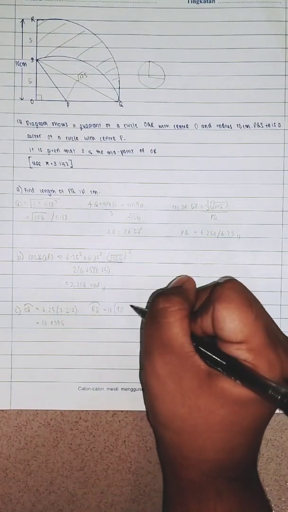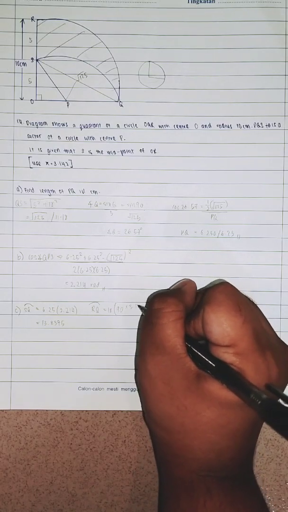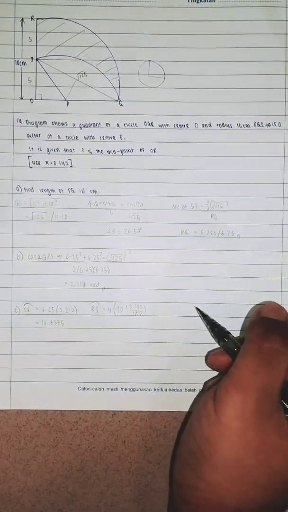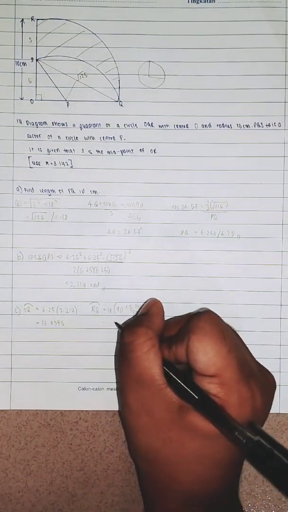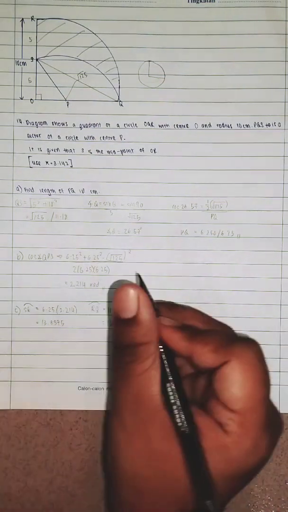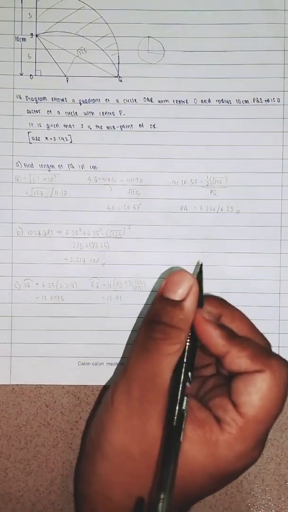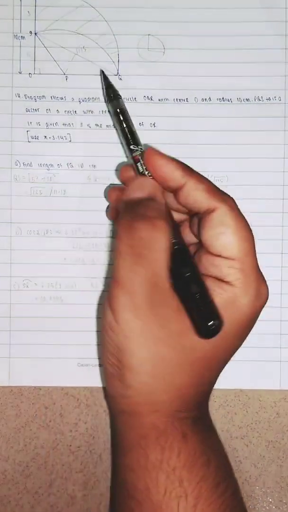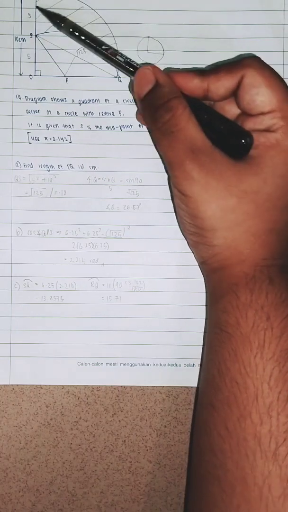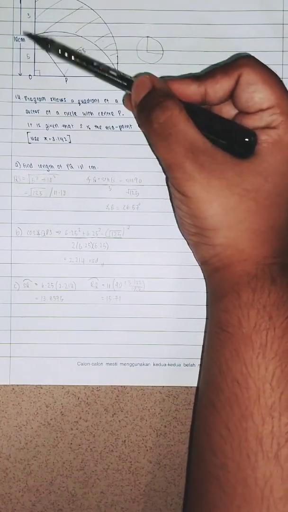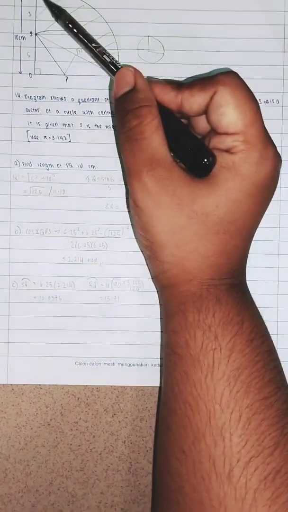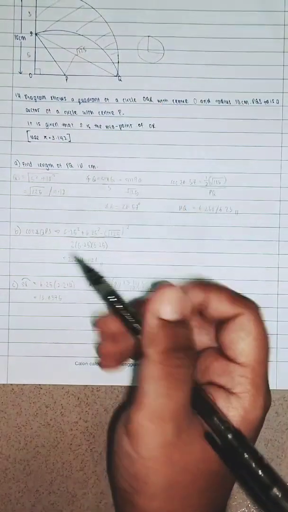We have to change it into radians, so times 3.142 over 180. So I would get 15.71. Now to find the perimeter of the shaded region, we just have to add the length of RS, the length of arc of SQ, and the length of arc of RQ.